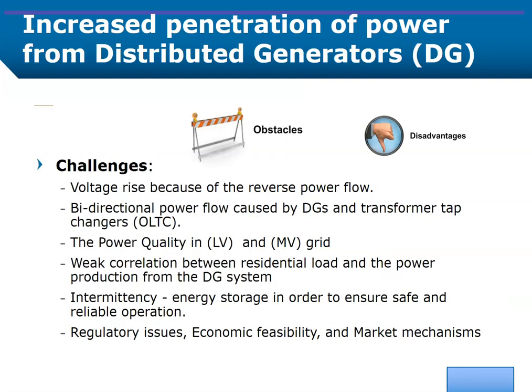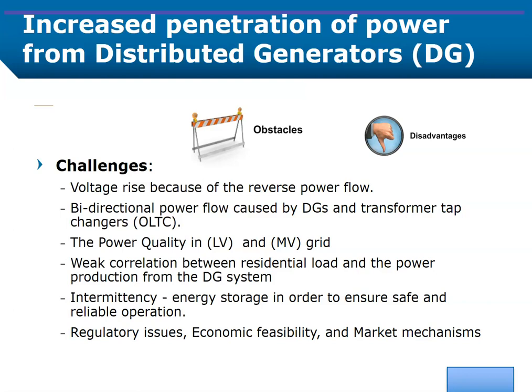And on the other side, what can be the challenges, the obstacles, the disadvantages of this increased penetration of DG? Of course, we can have more voltage rise because of the reverse power flow. That can be one thing. We have the bidirectional power flow caused by DGs, and transformers, tap changers, and the dynamics between them can be a challenge.